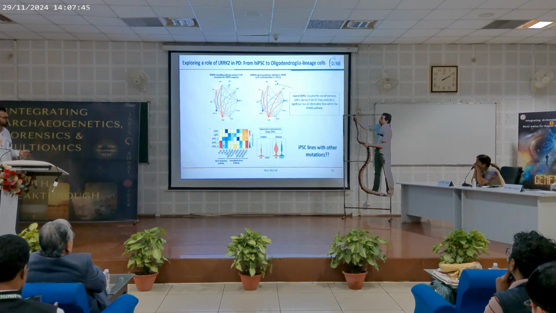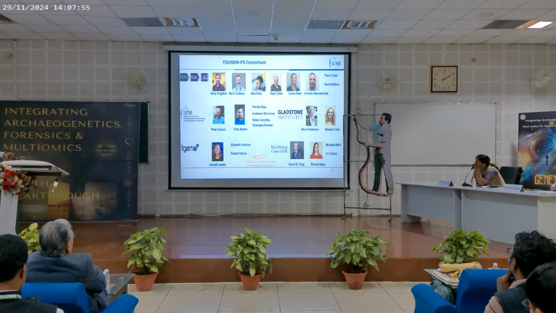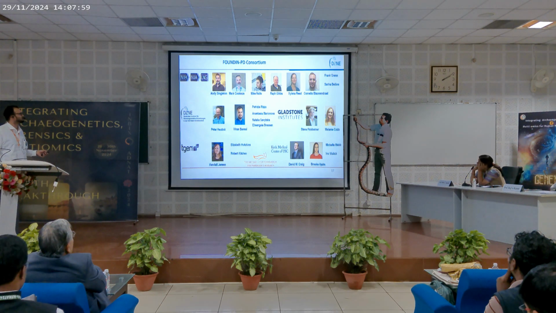So what we are trying to do now is that we have these two mutated lines of LRRK2. What about the other iPSC lines which have GBA1 or SNCA mutation? For this, we are taking the iPSC lines from the founding PD consortium.